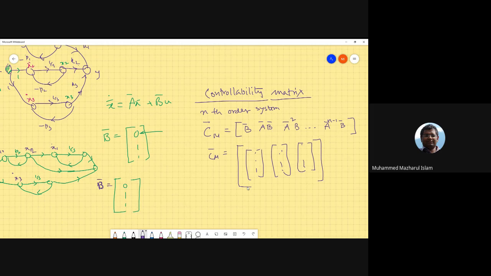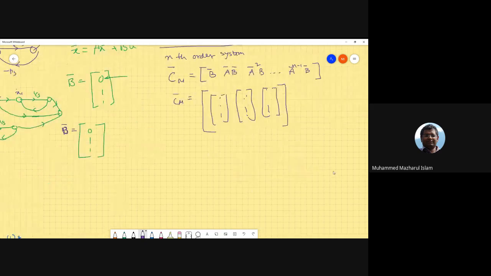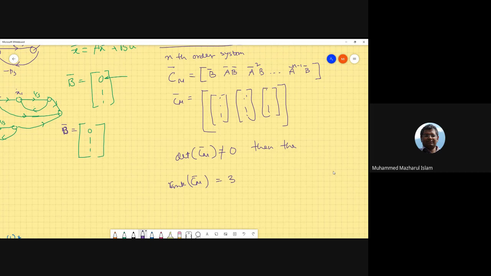Now once you have the controllability matrix, we need to find its determinant. If the determinant of CM is not equal to 0, then the system is controllable. Actually, if this is not equal to 0, then the rank of CM, I don't know if you remember rank, is 3.